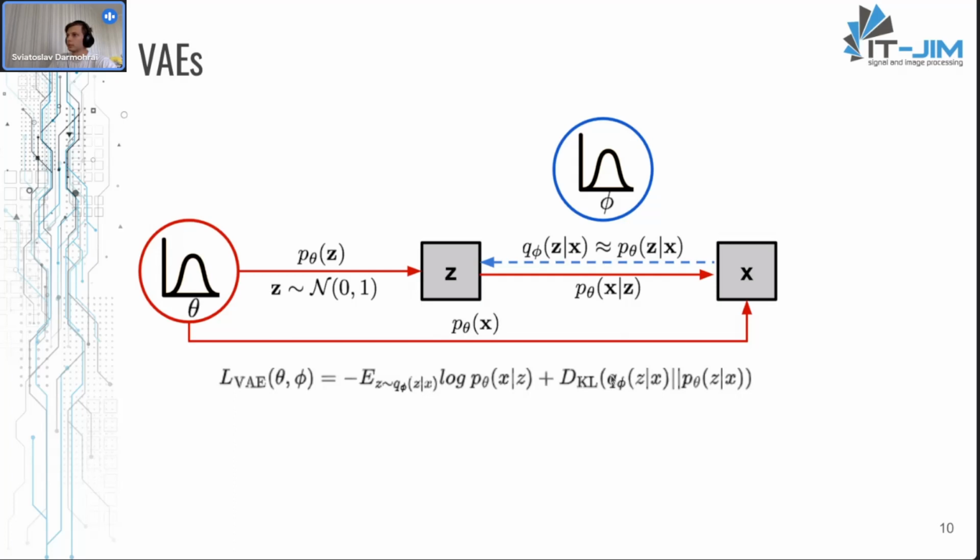So the model here would be q phi. It's basically a KL divergence, Kullback-Leibler divergence, that looks at how similar these distributions are. And in this case, we will be forcing q phi, our model distribution, to become more similar to the distribution that we think the data has.